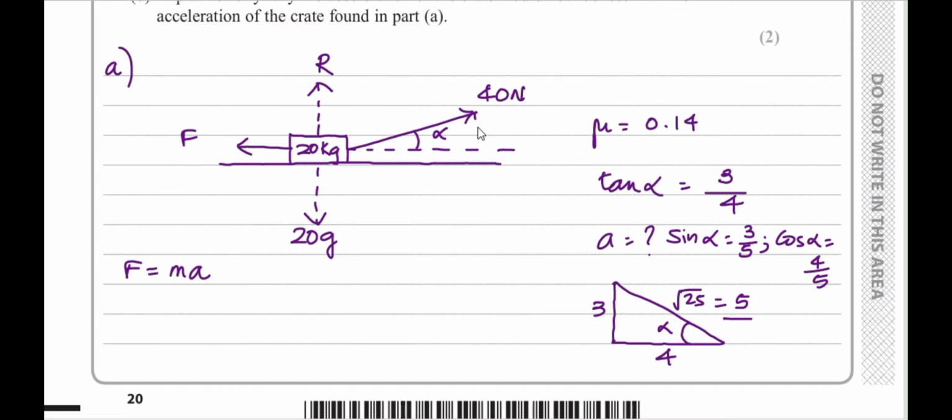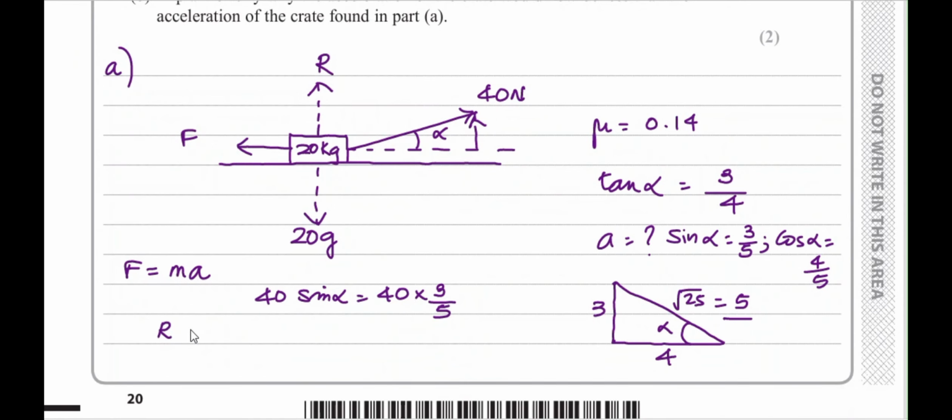So let's also calculate what is this upward component of this 40 newtons here. In order to find this out, we have to use sine alpha. You can say that sine alpha is equal to opposite over hypotenuse, 3/5. Okay, right. The vertical component of this 40 newtons force is 40 sine alpha, which is 40 times 3/5.